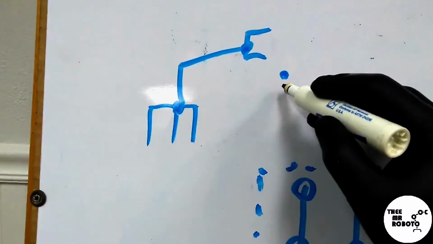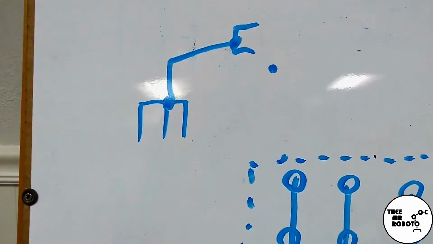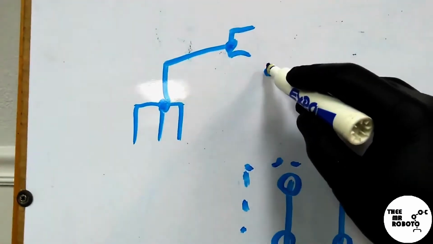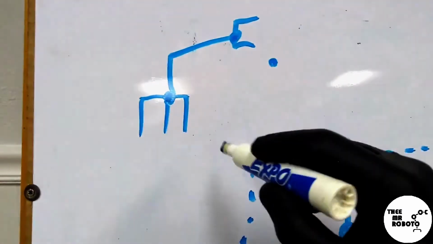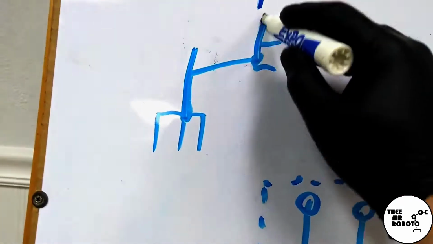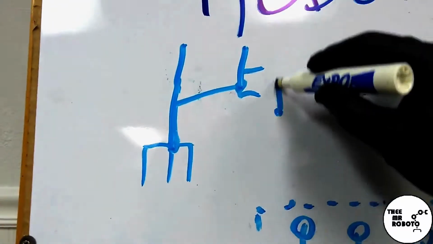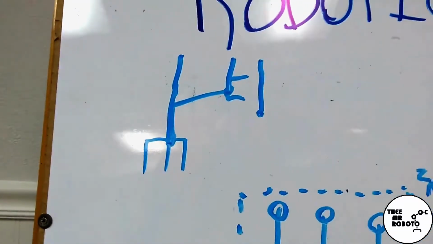So if you were to look at the position of this coordinate system in space, it's going to be the offset of this one, plus the offset of your third coordinate system.